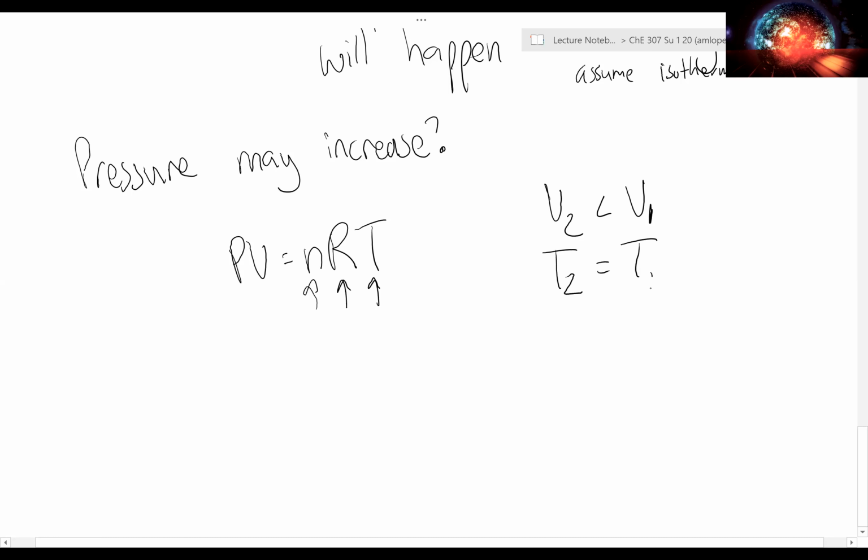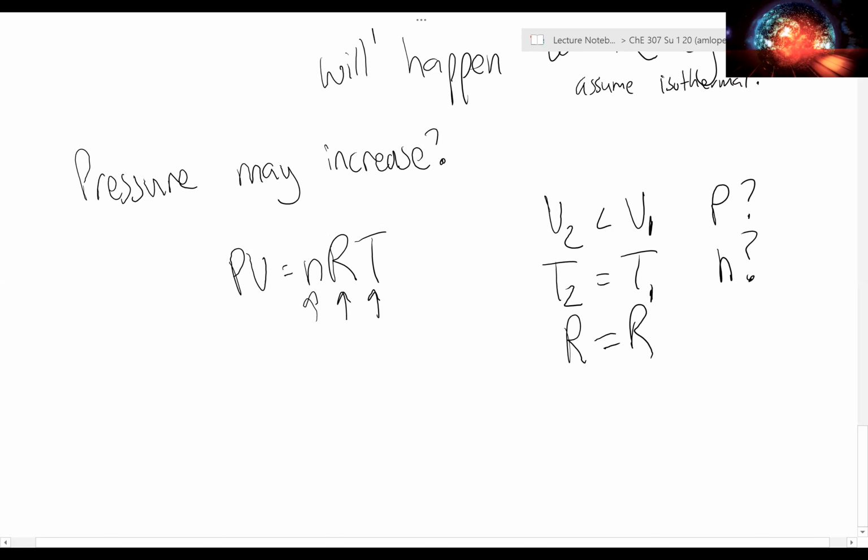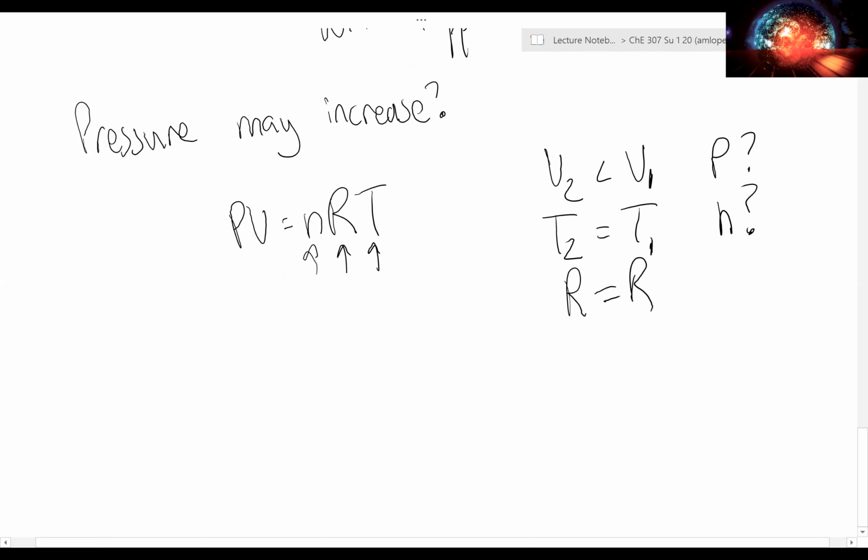T2 is equal to T1. R is R, right? So the question then becomes, what happens to P? And what happens to n? And so we can say, if the volume decreases, one of two things has to happen.